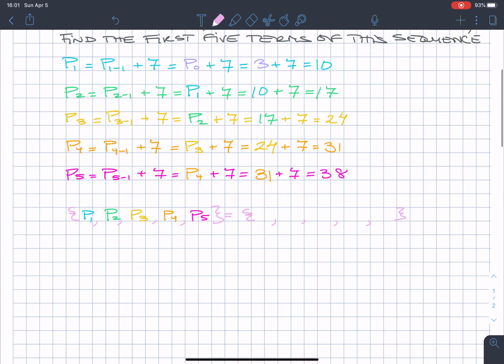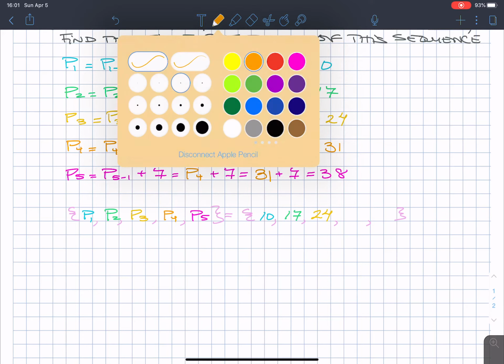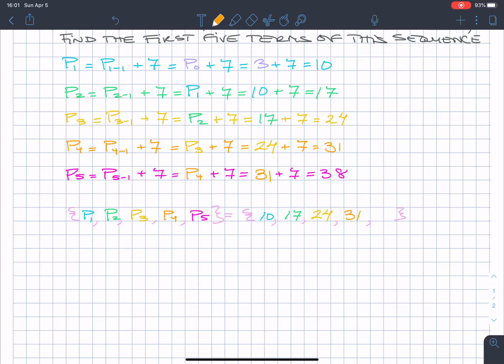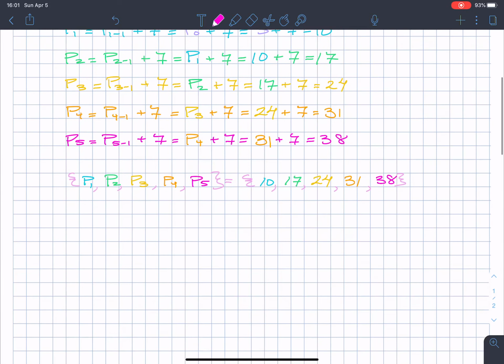What do we have? 10, 17, 24, 31, and 38. So these are the first 5 terms of the sequence.